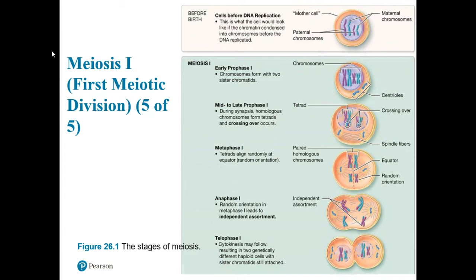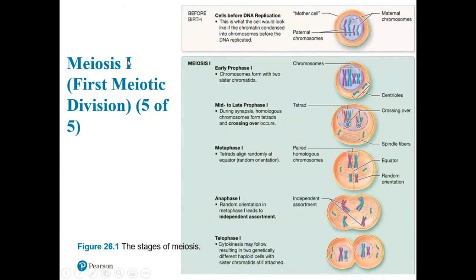Even though meiosis has the same phases, if you recall, prophase, metaphase, anaphase, telophase, there are 2 rounds of division here. Therefore, the end result is going to be different than mitosis. So let's forget about mitosis right now and let's just focus on meiosis.